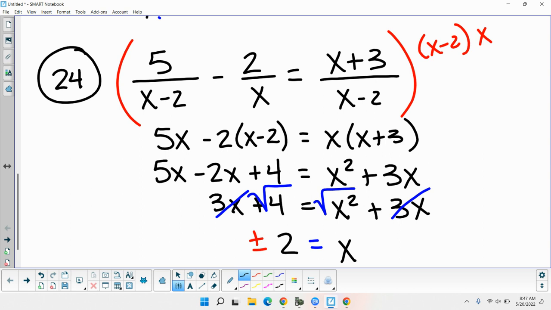So is positive 2 a good answer? No. The only answer then is what? Negative 2 is okay, because I get a negative 4 when I plug it in there. I still have negative 2 there, so my only answer is negative 2, even though we got 2 answers.